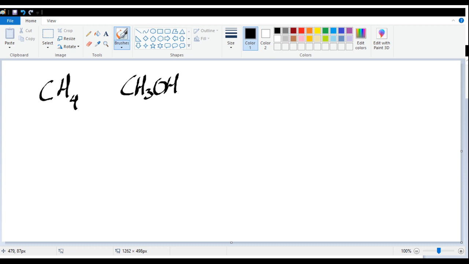CH3OH. Let's see if I have enough room to write all these. Formaldehyde, CH2O. Formic acid, COOH. And then finally carbon dioxide, CO2. All right.